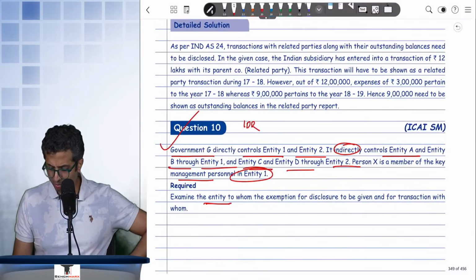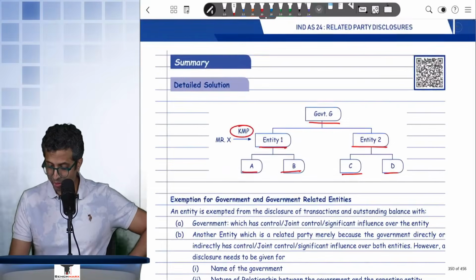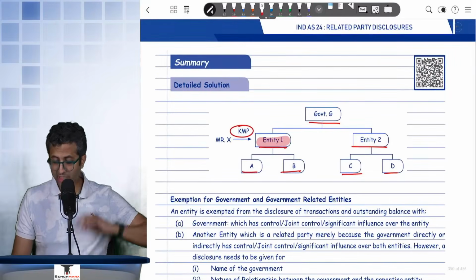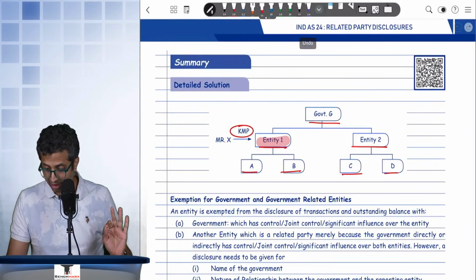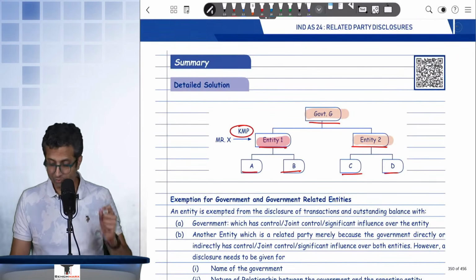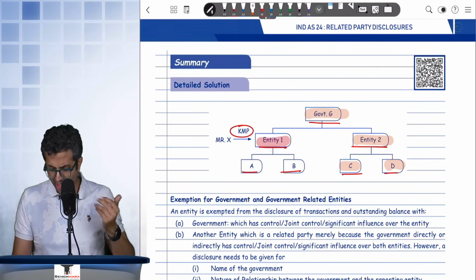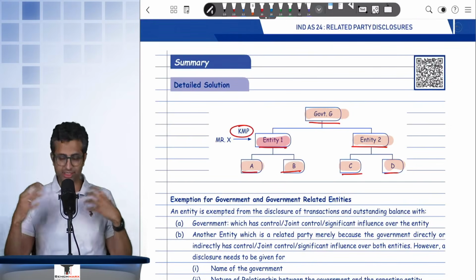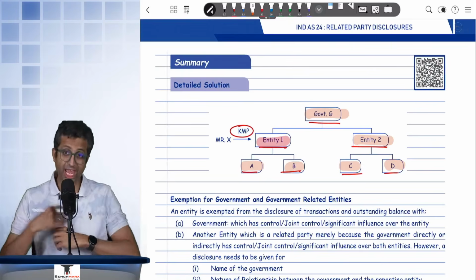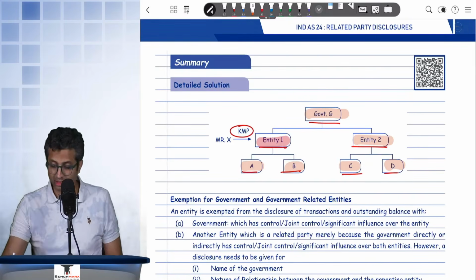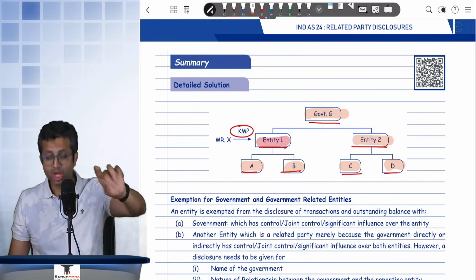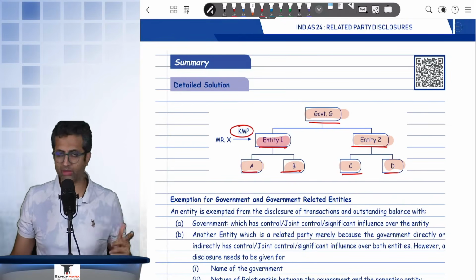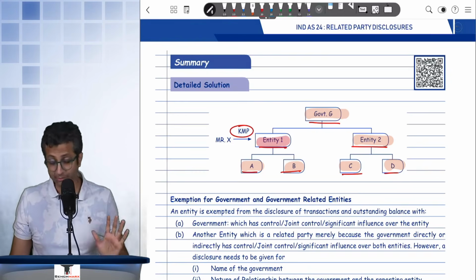Examine the entity to whom the exemption from disclosure is to be given and for transactions with whom. So if I look at entity 1 and its transactions with the government, entity 1 and its transactions with entity 2, as well as C and D, as well as A and B, all of these entities, any transaction, if any, will be exempted because either it is a transaction with the government or transaction with other entities which are either directly or indirectly controlled by the government, and hence these transactions will be exempted.